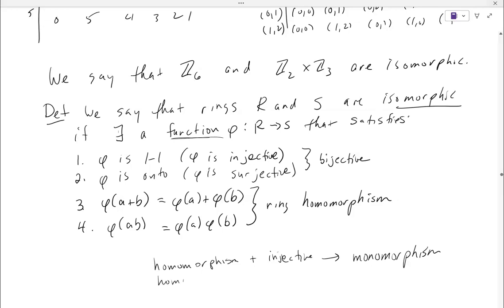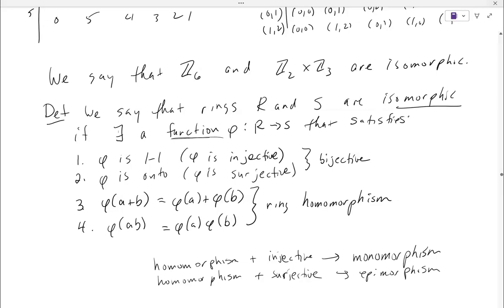And then a homomorphism plus surjective is called an epimorphism. Mono kind of makes sense: 1-to-1, mono, right? So the epi is on top of, lands on top of.